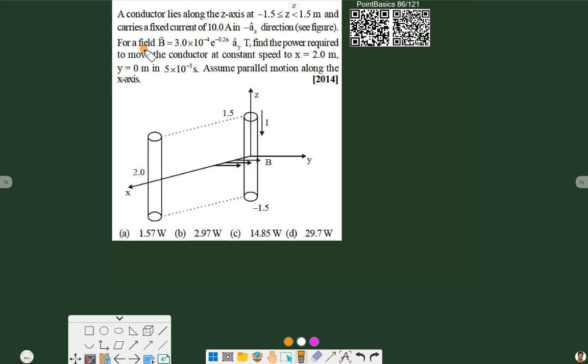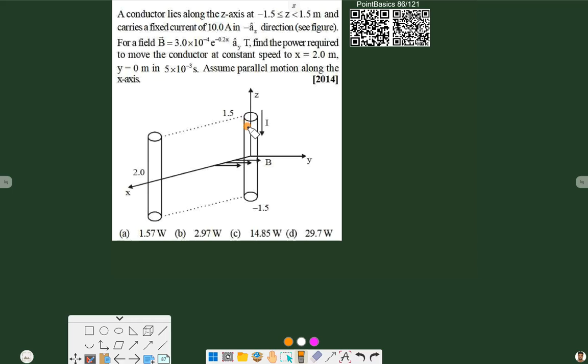For a magnetic field of this value, find the power required to move the conductor at constant speed to x equal to 2 meter, y equal to 0 meter in 5 into 10 raised to power minus 3 second. Assume parallel motion on the x-axis.